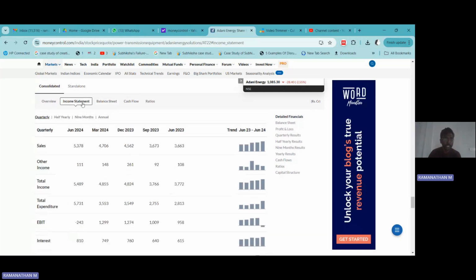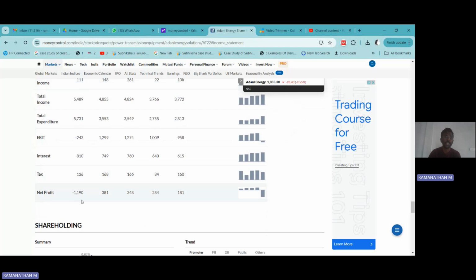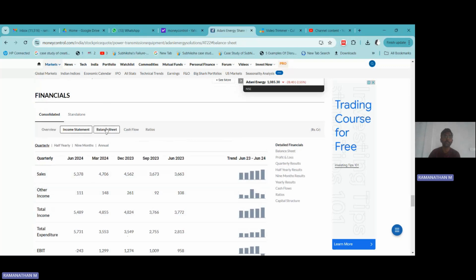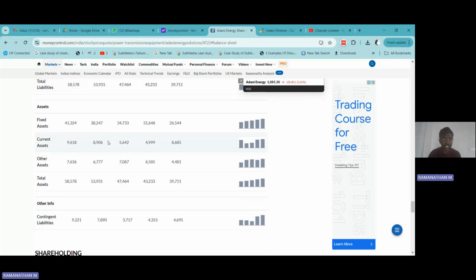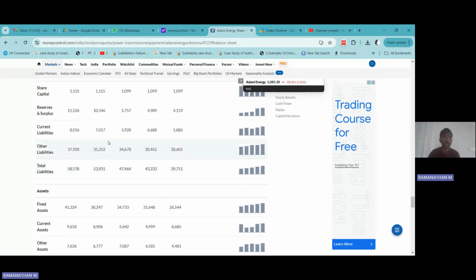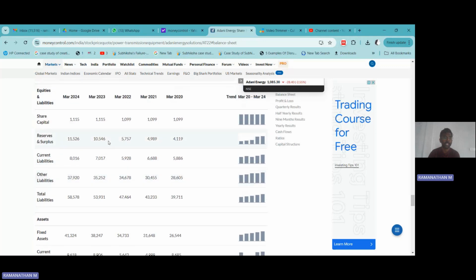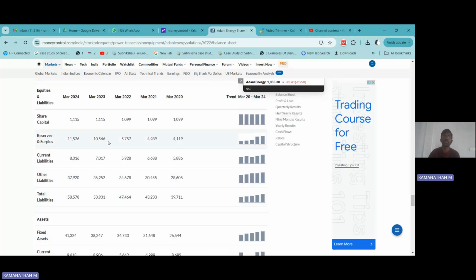If I take the income statement, it is for the long term: how much net profit I am getting out of that particular company with respect to all other things. The balance sheet speaks about the entire thing, what the current assets and current liabilities are, and other things.